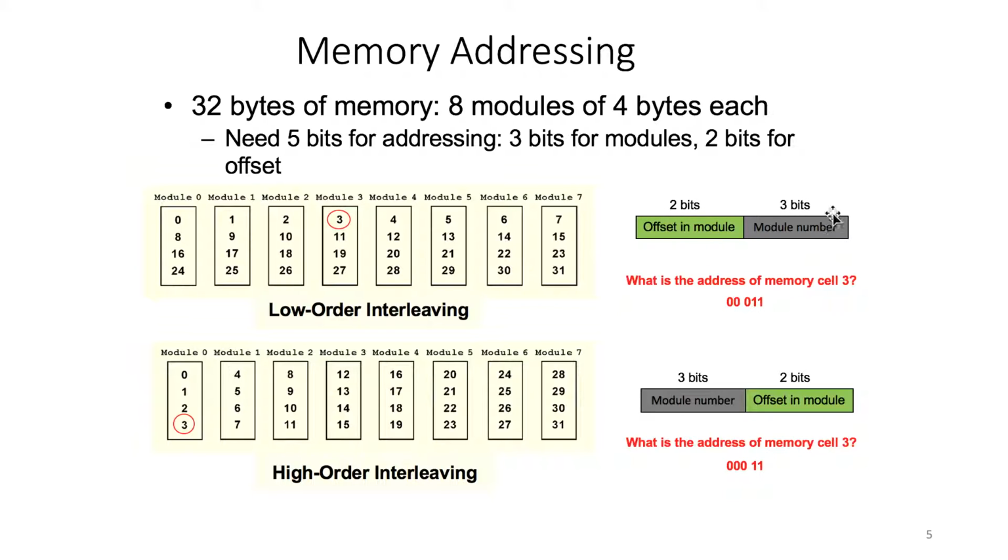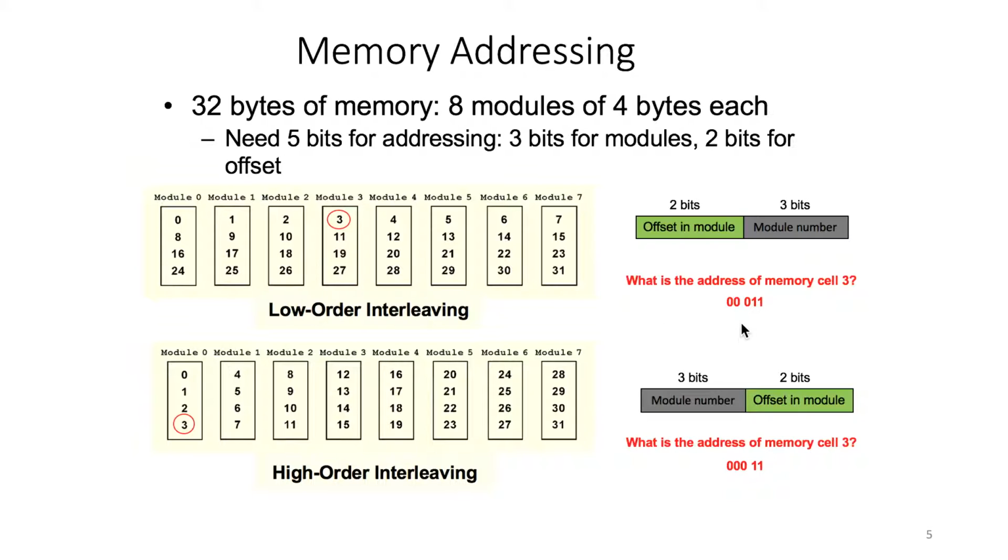So we have 3 bits for the module number and 2 bits for the offset in the module. With that representation, we can see that the 32 locations of the memory are going to be represented in 8 modules from module 0 to module 7, where the locations are 0, 1, 2, 3, and so on to 31. So in total we have 32 locations in the memory.